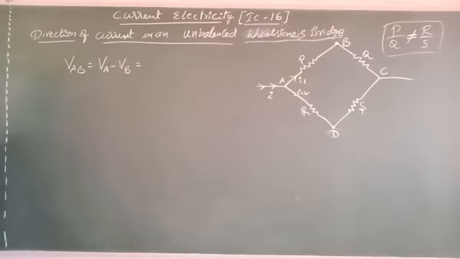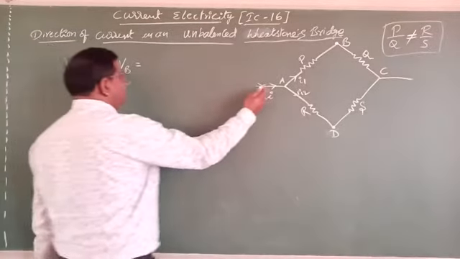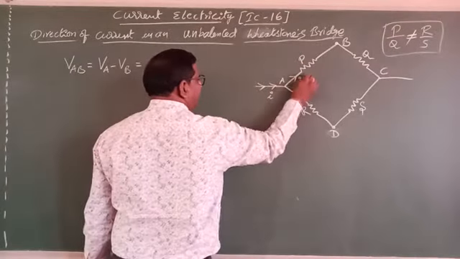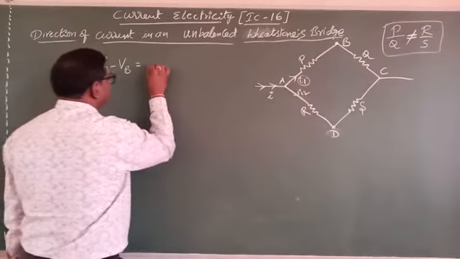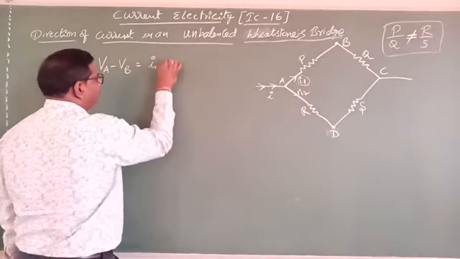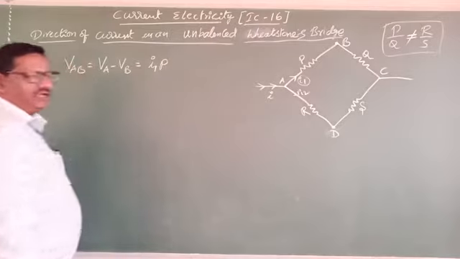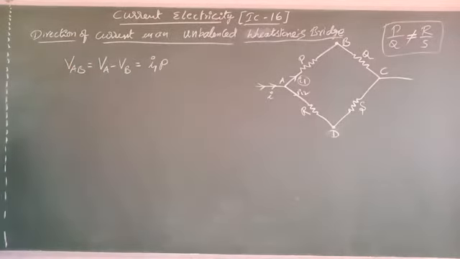Potential is nothing but current into resistance. Here the current is I1, so I1 into P is the potential difference between A and B, VA minus VB.